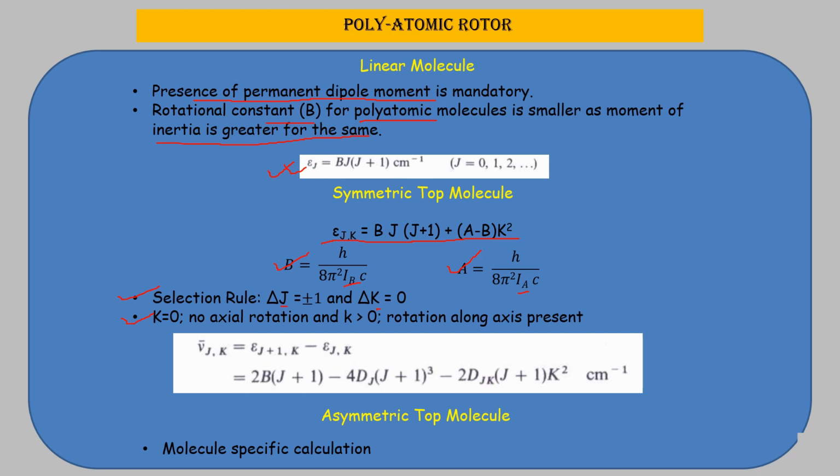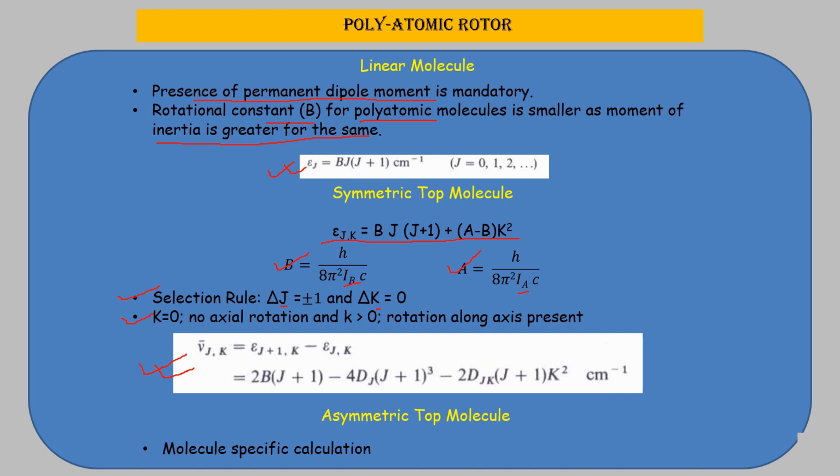In one case, K equals 0, which means no axial rotation is possible, and in the other, K is greater than 0, where rotation is possible along the symmetry axis. Thus, the energy levels for a symmetric top molecule can be determined with respect to two rotational quantum numbers, J and K.